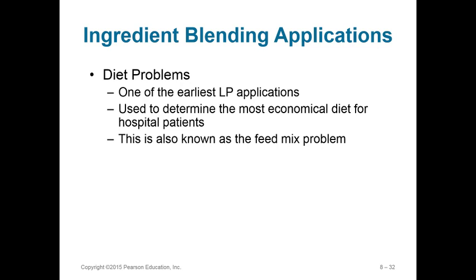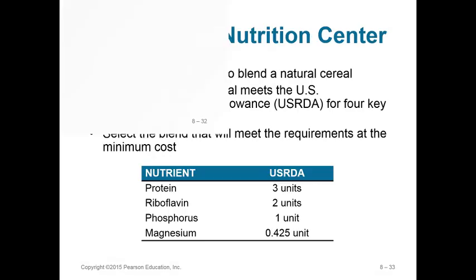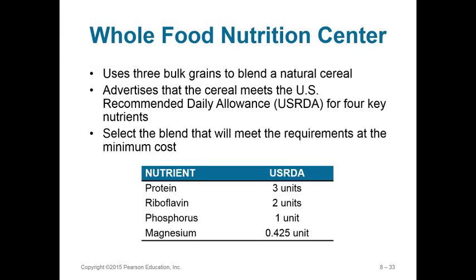And in this situation, we're not looking at whether or not you're on a diet. We are looking instead at creating a food for, let's say, the Whole Food Nutrition Center.